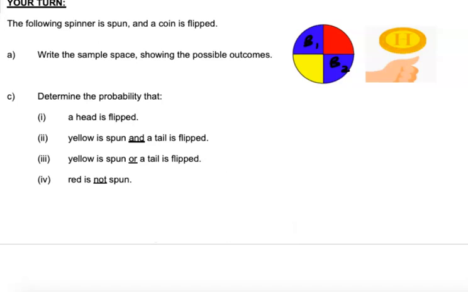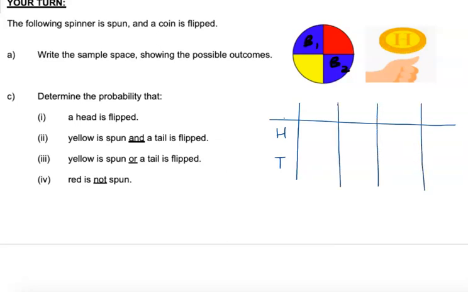Okay, taking a look at this question, let's first create a sample space. So I've got a coin where I can get a head or a tail, and I've got 4 sections that I need to consider on the spinner. So I've got blue 1, blue section 2, red and yellow.